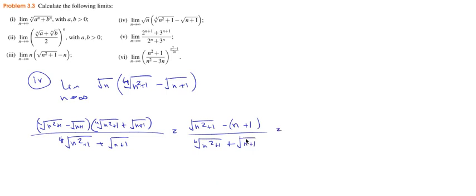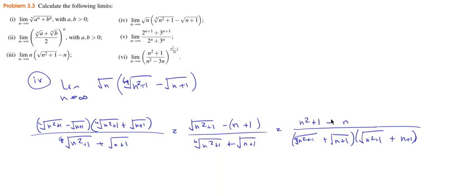You can multiply and divide by, let me see, this is fourth root plus square root of n plus 1. You can multiply and divide by the converse of this, which is the square root of n squared plus 1 plus n plus 1. And here we have the difference of the squares. We have n squared plus 1, and you have minus n plus 1 squared, which is minus n squared minus 2n minus 1.